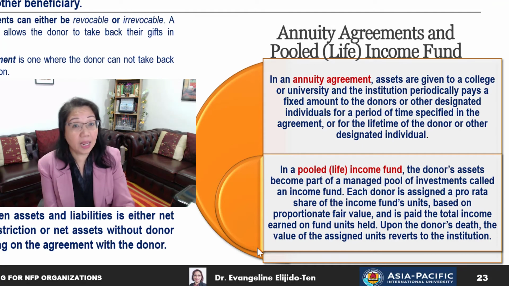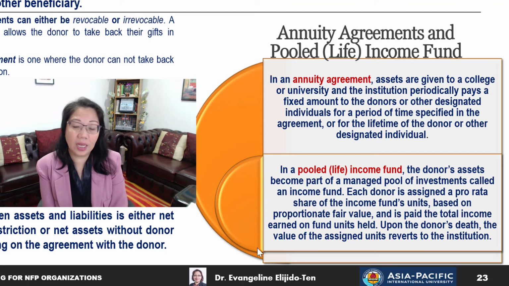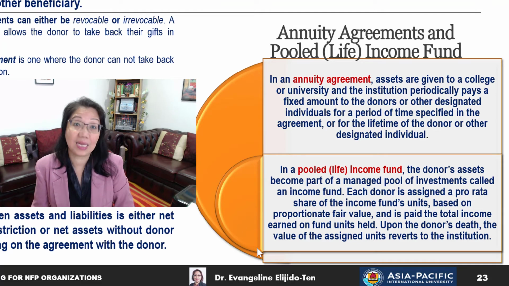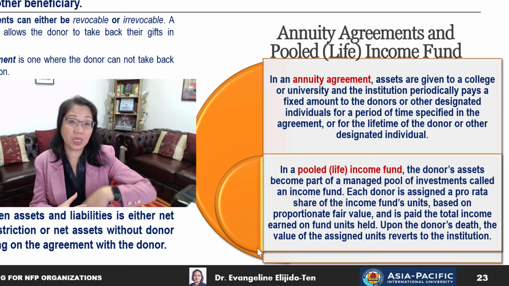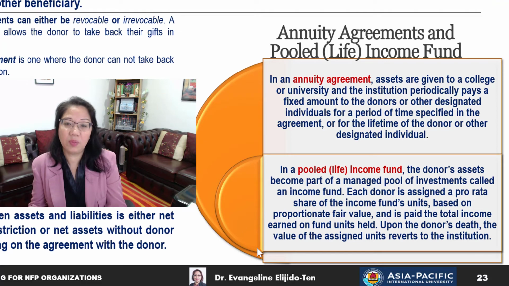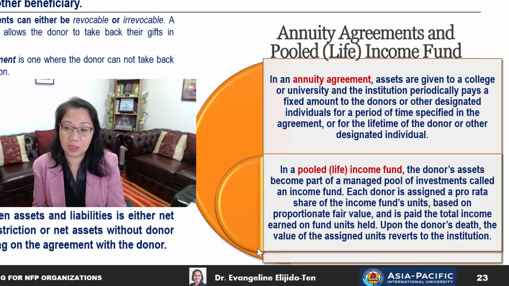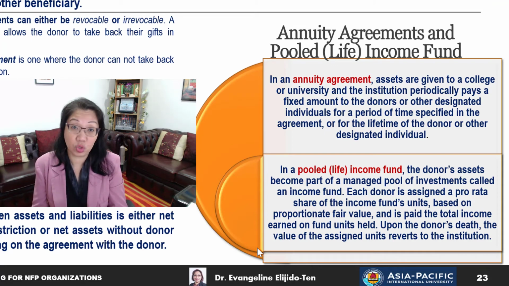All right. In a pooled life income fund, on the other hand, the donor's assets become part of a managed pool of investments called an income fund. So I could be donating, let's say, $20 million worth of securities, and it will be included as part of the managed pool of investments. And this is called an income fund. Now, each donor is assigned a pro rata share of the income fund's units based on the proportionate fair value.